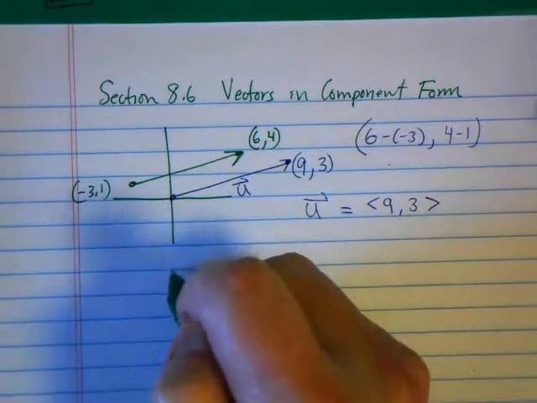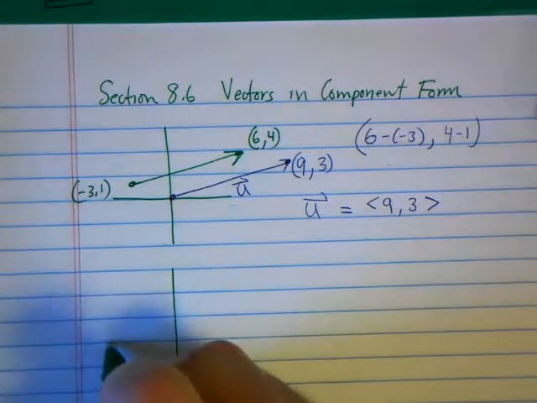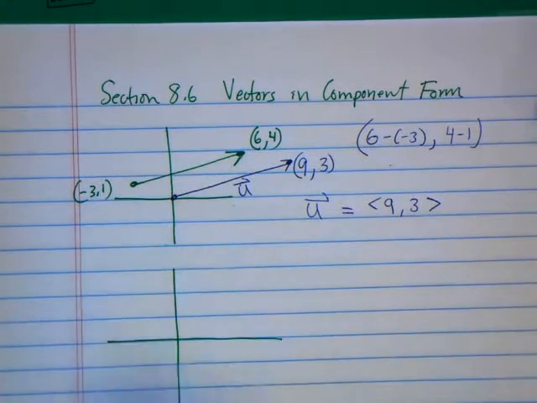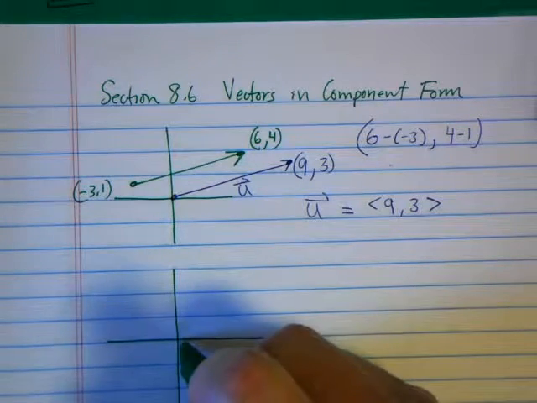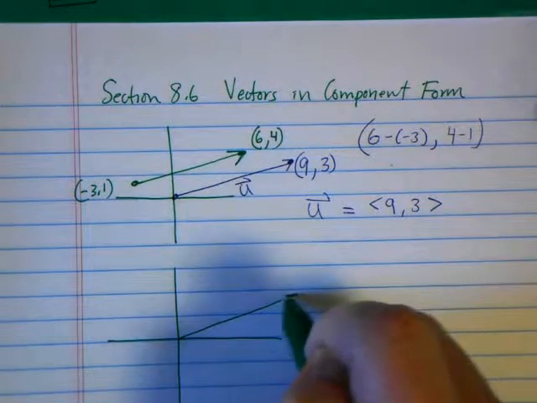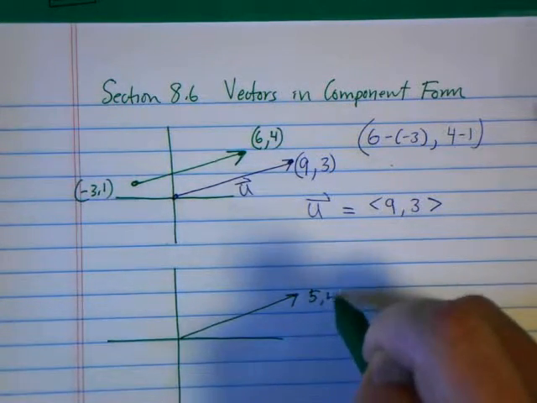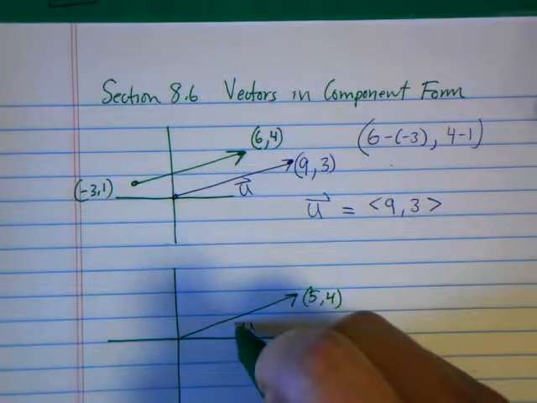For example, give me a vector in component form. Basically, all I'm saying is give me a point. 5, 4. So here's the vector u.